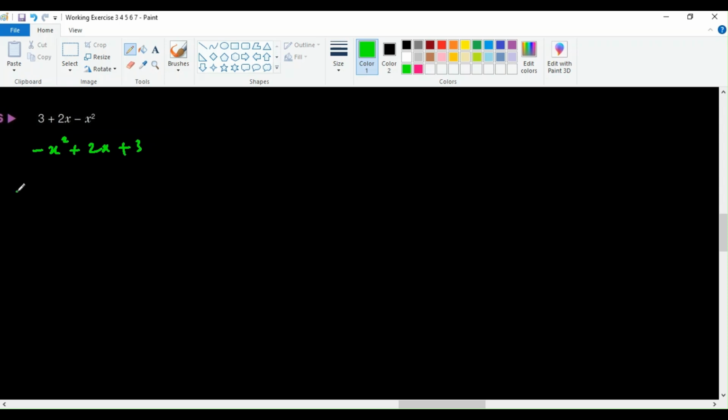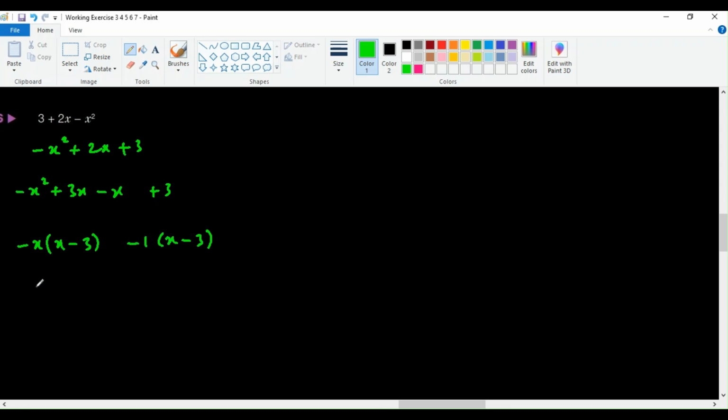So I will write minus x square as it is, and plus 3 as it is, and plus 3x and minus x. So in the first one we have minus x as common, and x minus 3. x minus 3 is copied, and in here I have minus 1.